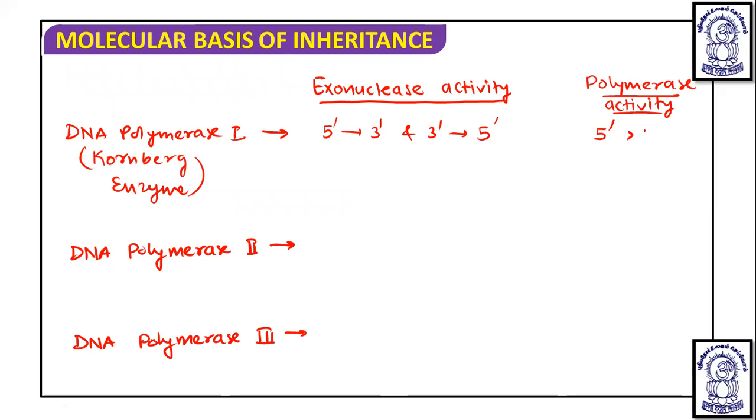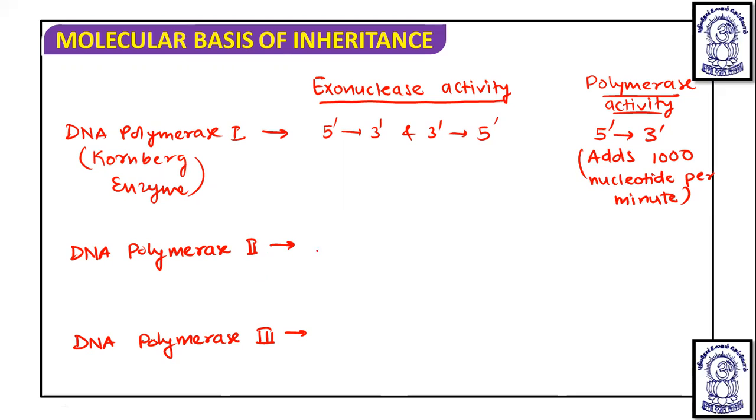The polymerase activity, or joining of nucleotides, is in the direction from the 5' phosphate free end towards the 3' end, and it adds 1000 nucleotides per minute.